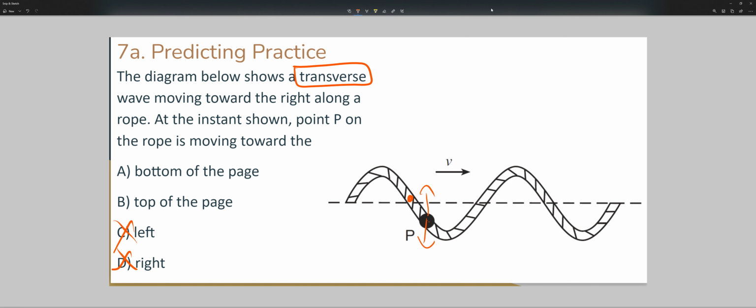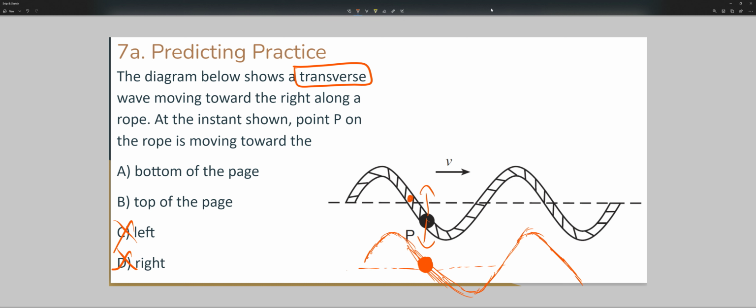I'm going to show you what that looks like. Let's say this wave moves to the right. This particle can only move up or down. So now the particle is going to be over here, which is essentially above the equilibrium line.